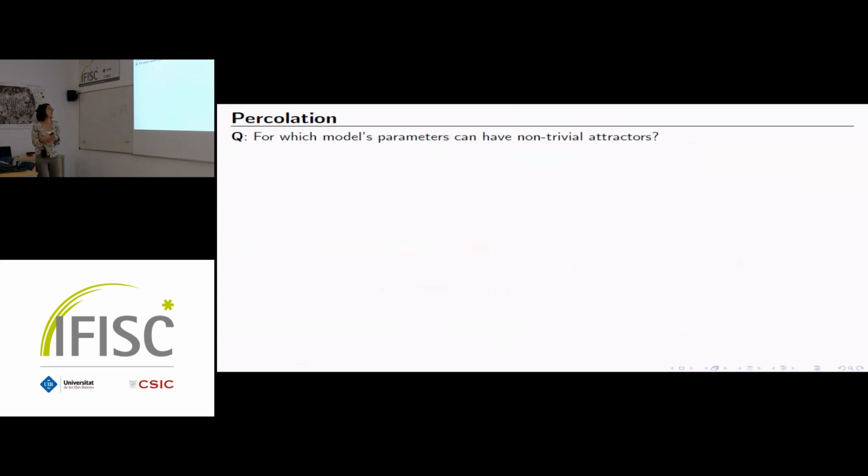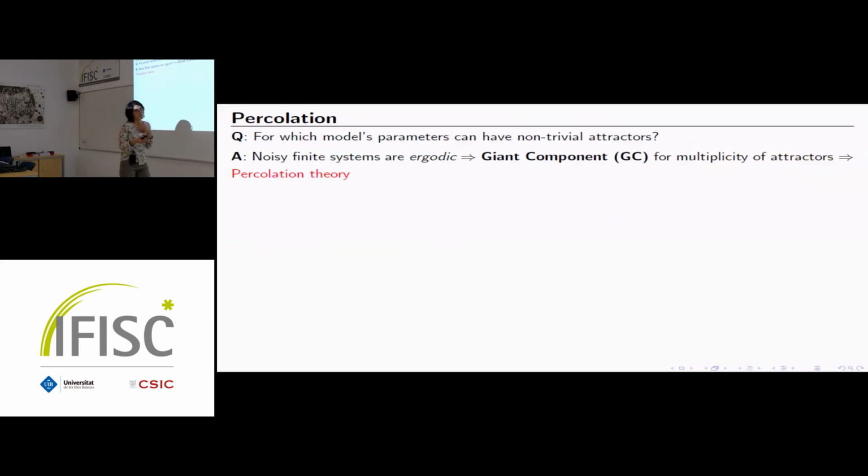The answer is that each finite system in the presence of noise is ergodic, because if the system is finite and everything can fluctuate due to the noise, then I can reach every configuration from anything else. So this would only have a trivial attractor.